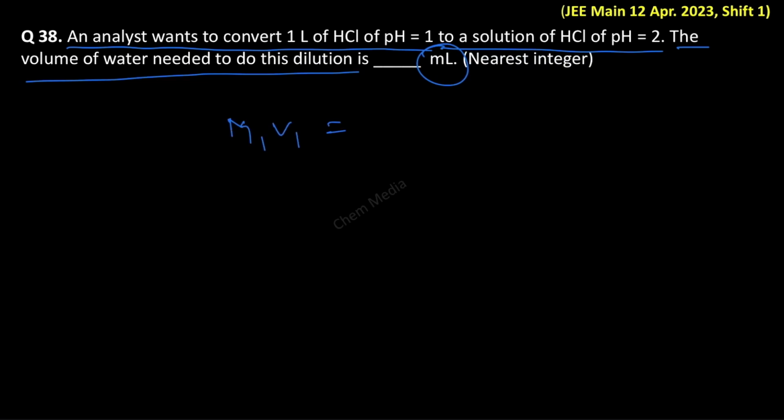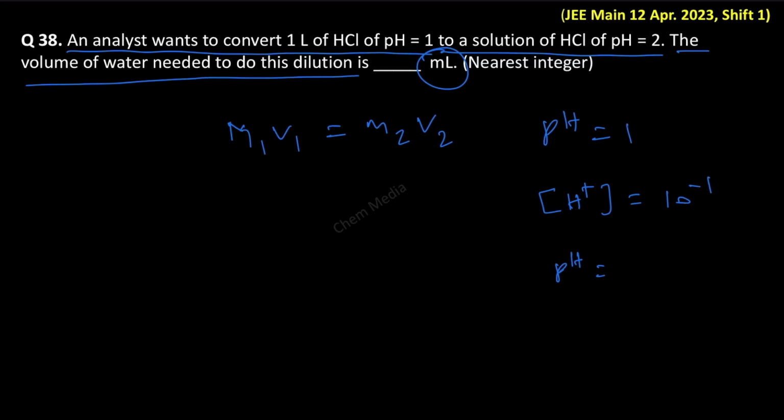M1V1 is equal to M2V2, and the pH value initially is given as 1. So, therefore, the concentration of H plus ion is equal to 10 to the power minus 1, because pH is equal to negative logarithm of H plus ion concentration. So, unless we put 10 to the power minus 1 in the equation, we can't get pH equal to 1.